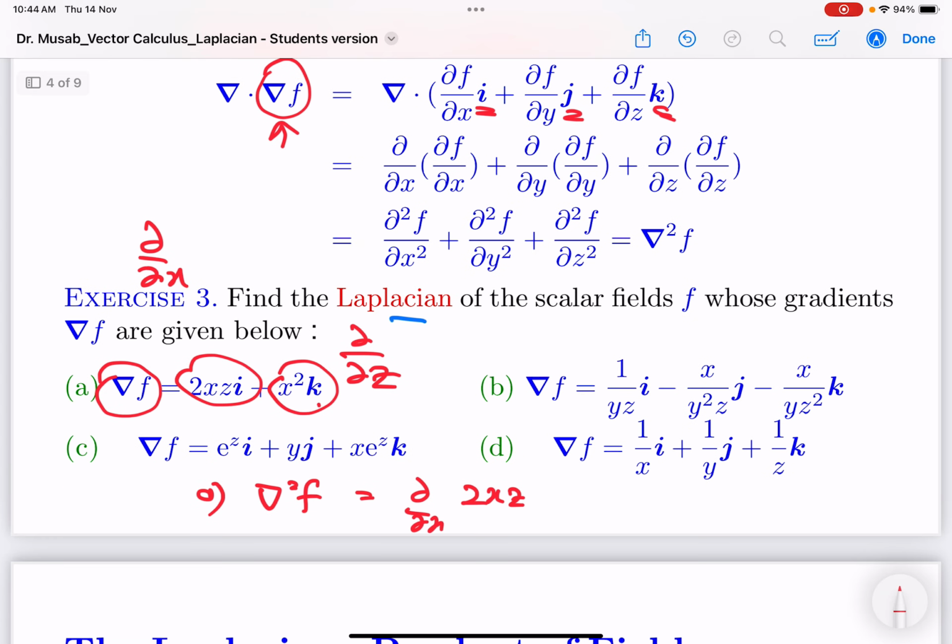It is a different step and depends on the question. If the question gives you a gradient divergence, then we can take a step forward and only focus on the components that are given.